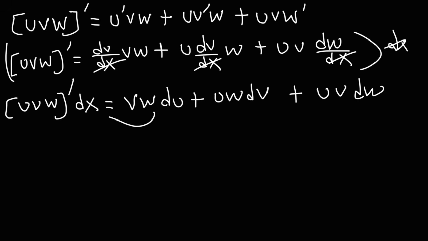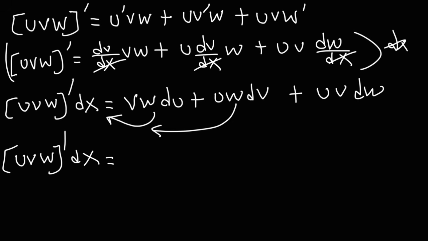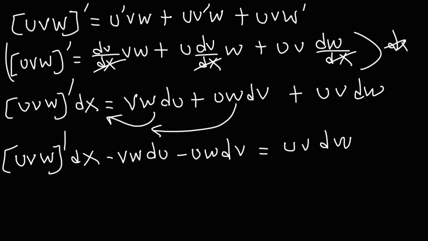Now I'm going to take these 2 terms and move them to the other side. So I'm going to have u v w prime dx minus v w du minus u w dv, and that's going to equal u v dw. Now I'm going to reverse both equations.